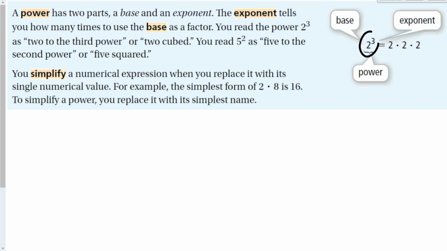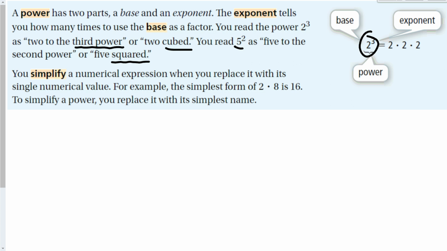So we read that expression right there as 2 to the third, or more commonly, 2 to the third power, or even better, 2 cubed. So cubed is just a shortcut of writing third power. Just like we read that term as 5 to the second power, or the shortcut of saying second power is squared.